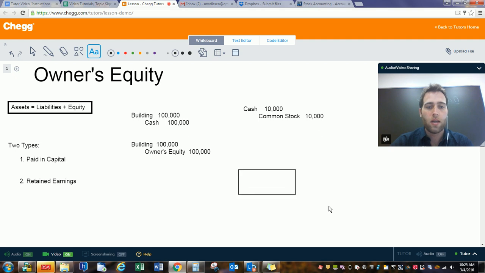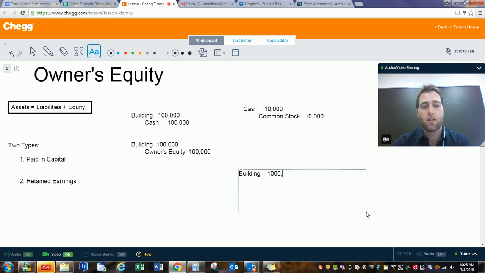That's another example. And then we can also split it sometimes between liabilities and equity. Let's say a business needs a new building, and the owner says, okay, I'll pay for half of it with my own personal money, but I only have $50,000 to give. The company doesn't know how it's going to get that other $50,000, so it takes out a loan. They're going to take out that loan and get that building for $100,000.